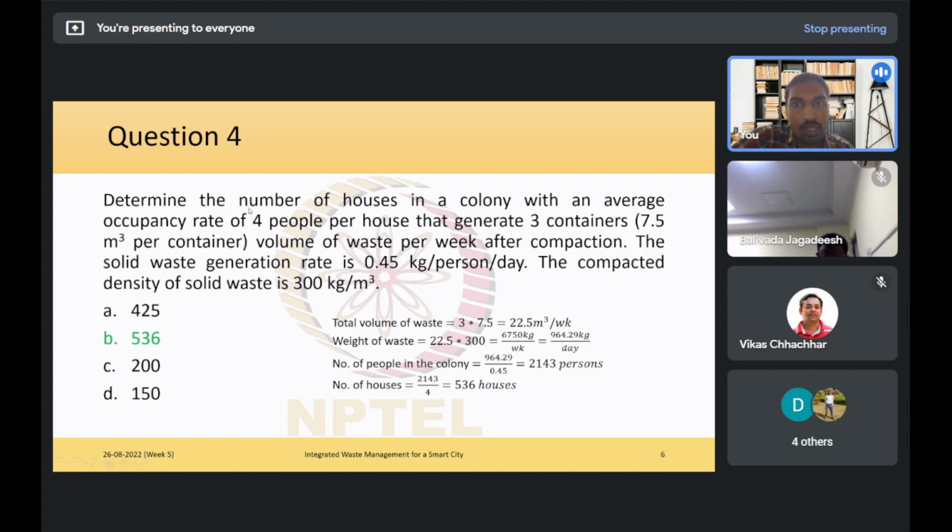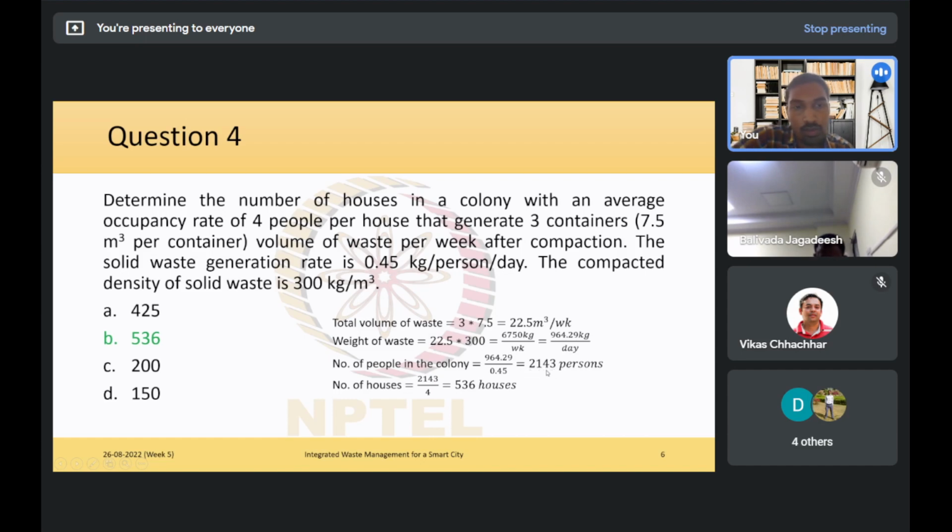Now the question is, how many houses are generating this quantity of waste? To do that, we first use the per capita rate of 0.45 kilogram per person per day. The total waste generated per day divided by the per capita rate will give us how many people are there in that colony.